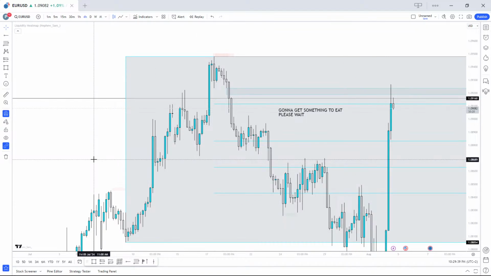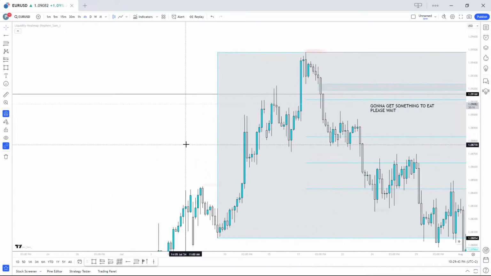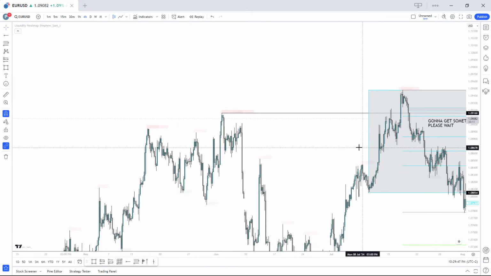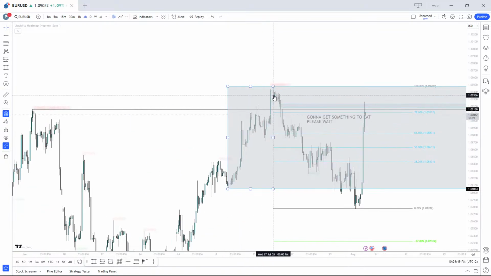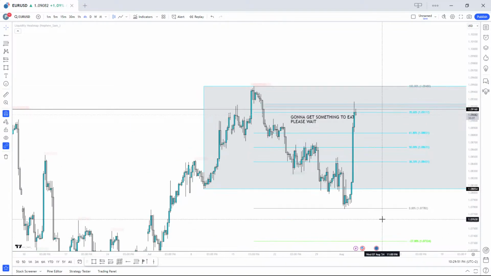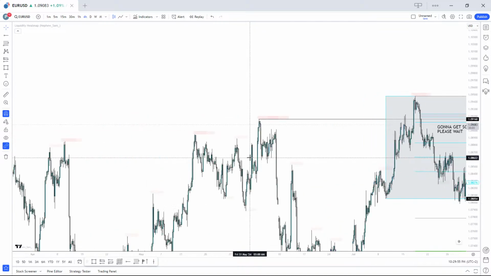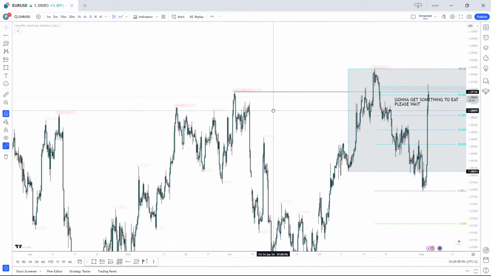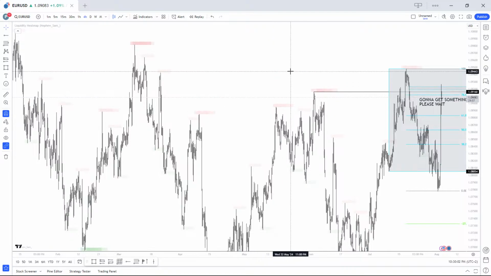Let's try. What is stopping us from taking this whole trend? Basically, we have to be in an uptrend.